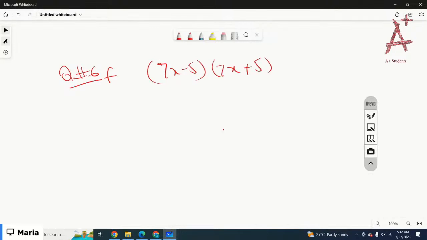So you have to do the same thing, that is a minus b and a plus b. So you can write it as a square minus b square. So that would be 49x square minus 25. Got it? Okay, you can note down the solution. I'll wait for a while.